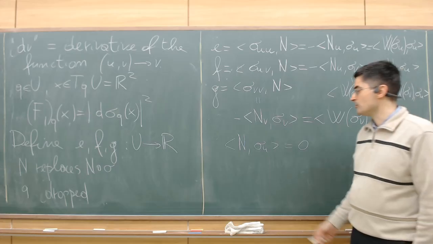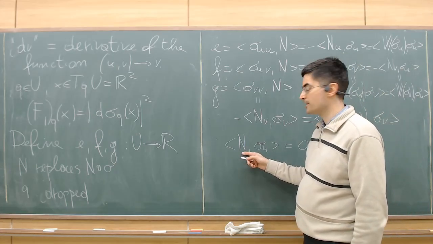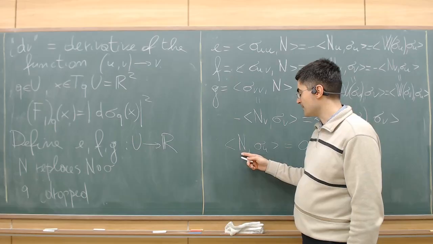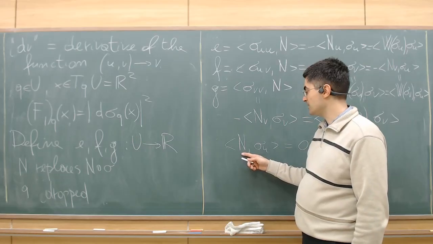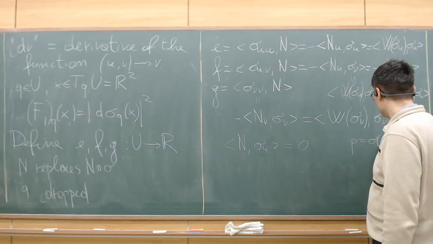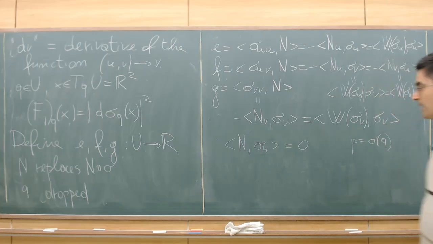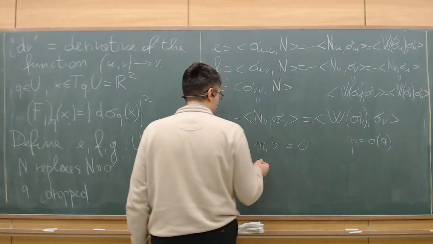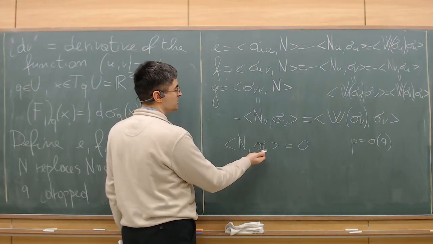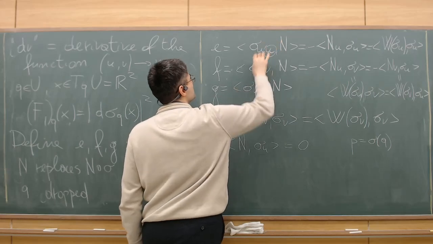Because sigma u is a tangent vector and n is orthogonal to the surface. So this means that n is orthogonal to any vector in TPS, where P is sigma Q. And what happens if we differentiate this identity with respect to the variable u?